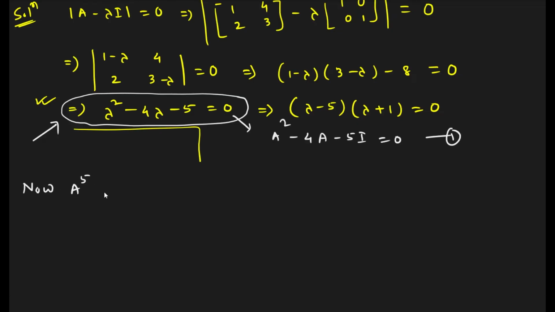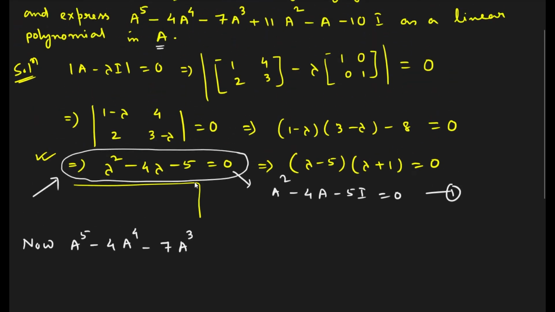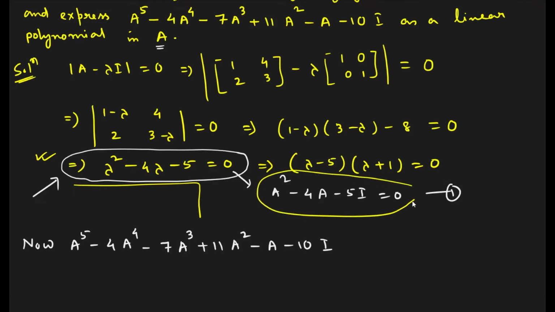A to the power 5 minus 4A to the power 4, 7A cube plus 11A square minus A minus 10I. Okay, so it's a very big expression, but we'll use this relation. Okay, this relation we can use now.